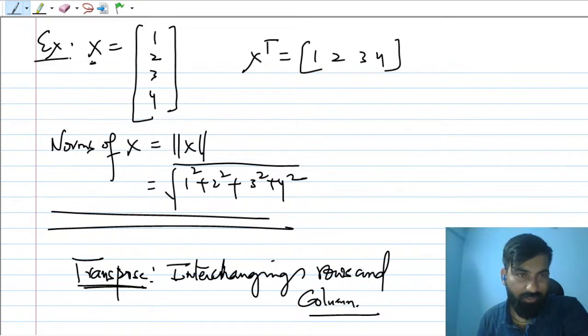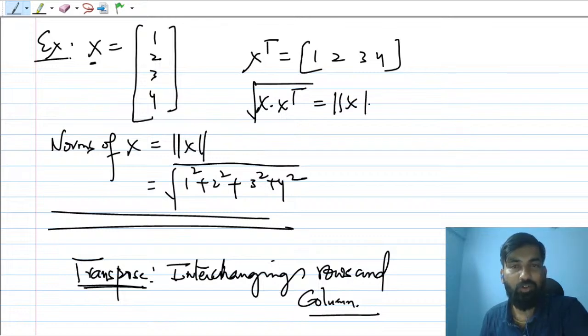How to find the length of the vector? What you can do is take x dot x transpose, and take the square root. So you will get the norm.